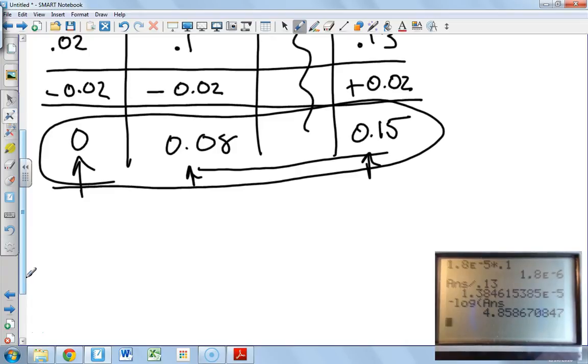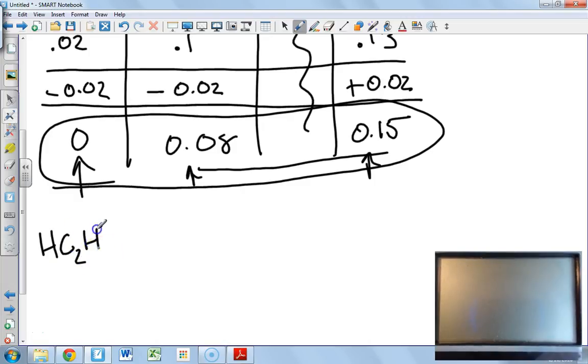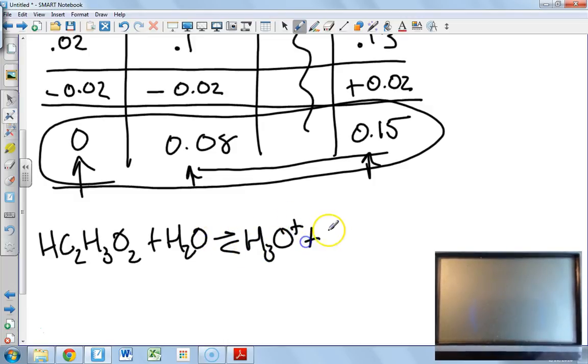So now we've done the stoichiometry to find out how much is going to reach equilibrium. So now we do the equilibrium step. The equilibrium step is going to entail us writing an equilibrium acid reaction, with C2H3O2 minus.